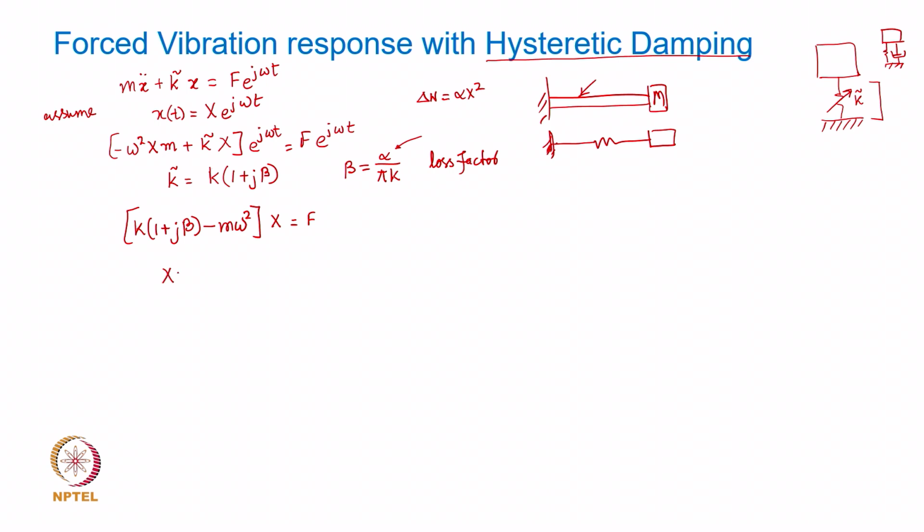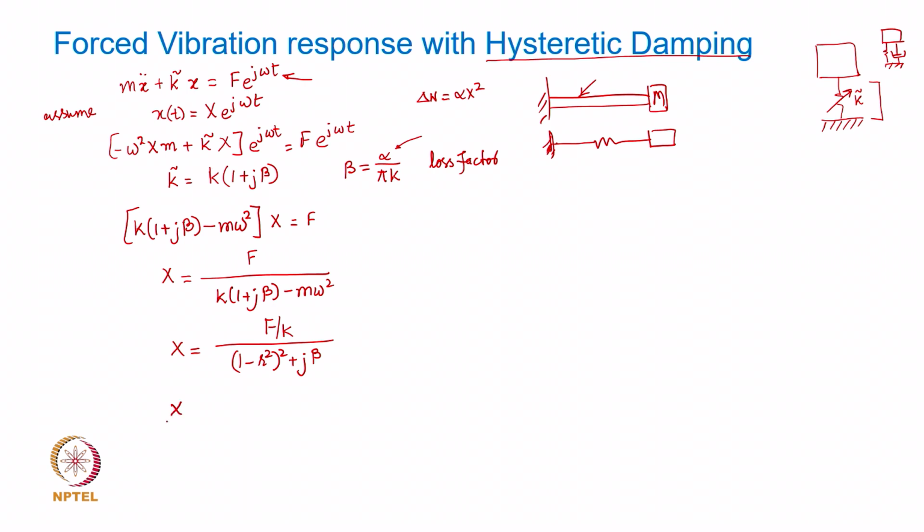So, it basically gives me capital X, the response amplitude for a harmonic force f e to the power j omega t, as equal to f over k into 1 plus j into beta minus m omega square, and so if I take k out from the denominator and take it in the numerator here, I get what? 1 over, you can show that, I leave it to you to figure this out, it is very straightforward and simple, 1 minus r square plus j into beta.